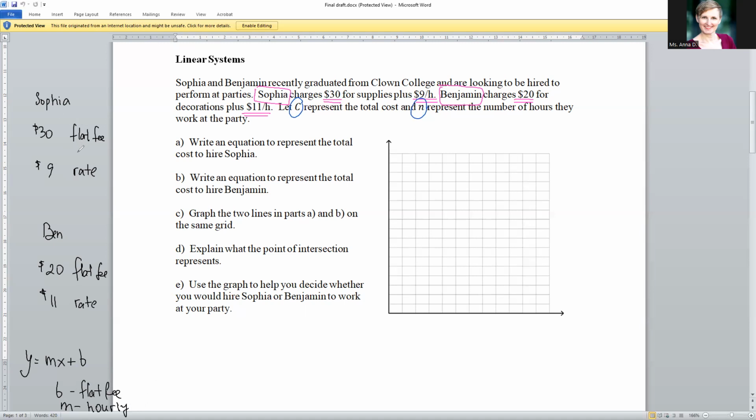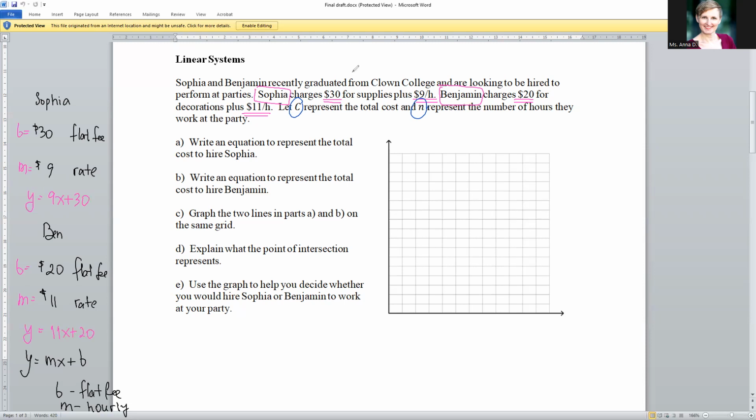Looking at this, we will be able to quickly figure out that flat fee $30, that's b, and $9 is rate, which is m. In case of Ben, that's flat rate, that's b. So we will have 9x plus 30. And for Ben, we will have 11x plus 20.